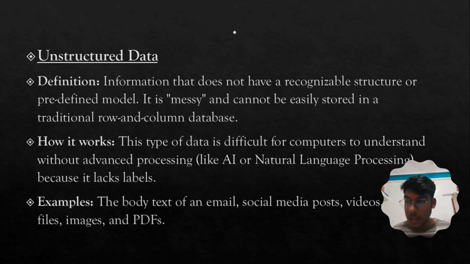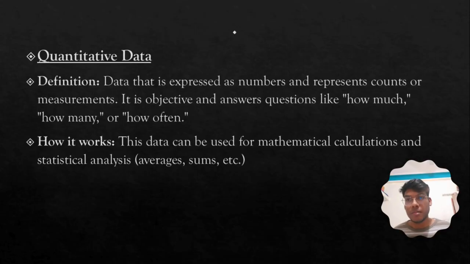So, quantitative data. What is quantitative data? Let's go through the definition first. It is data expressed as numbers that represents counts or measurements. It is objective and answers questions like how much, how many, or how often.